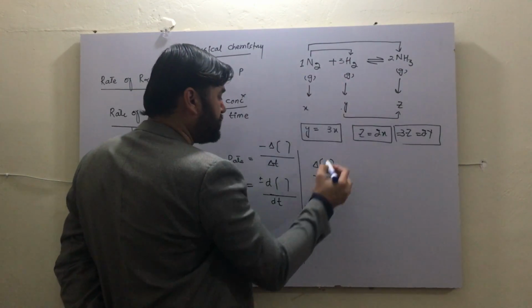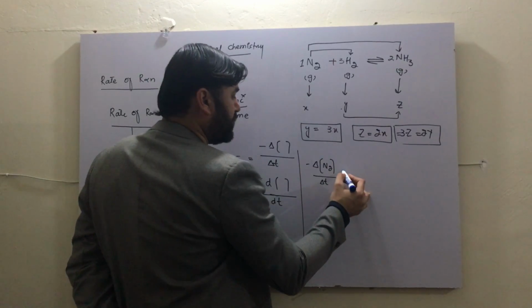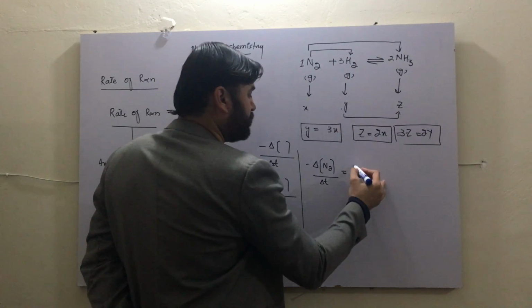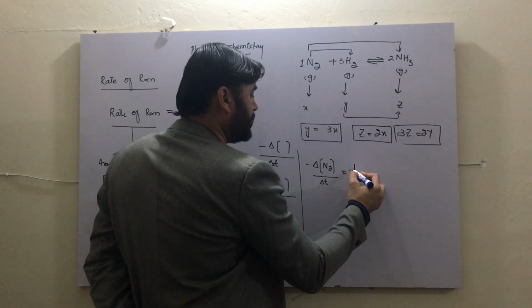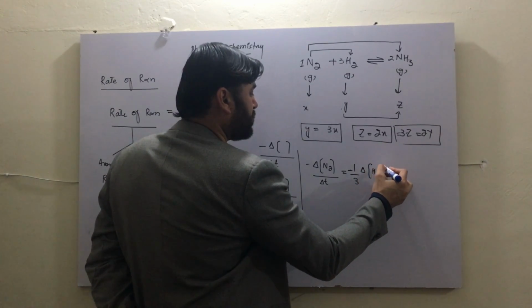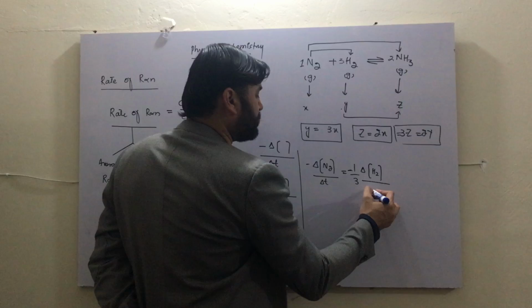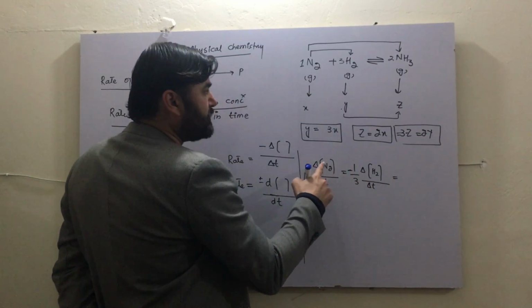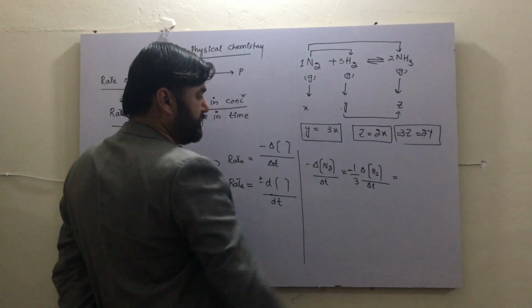Of course, this is disappearance, so it will be negative, equal to 1/3 times negative delta H2 divided by change in time. Negative means that both will disappear.